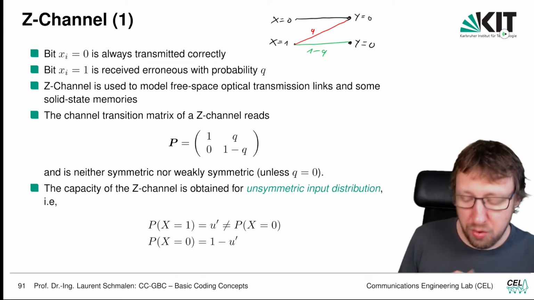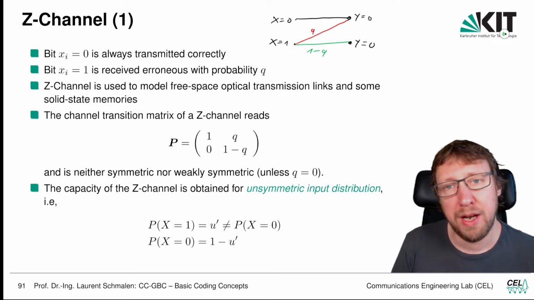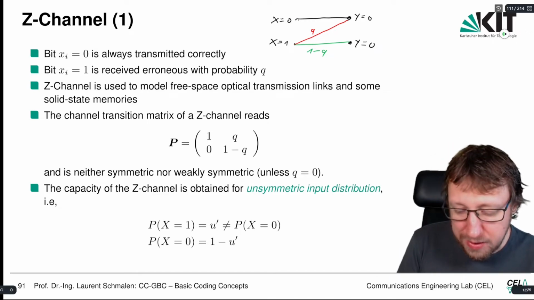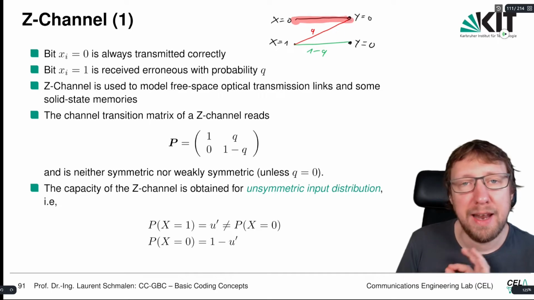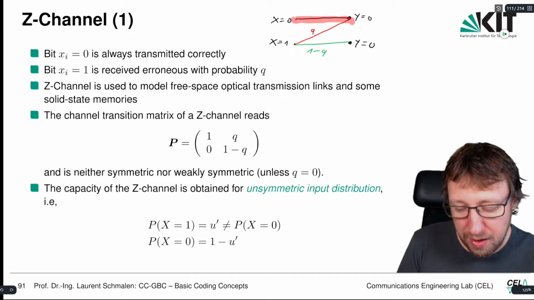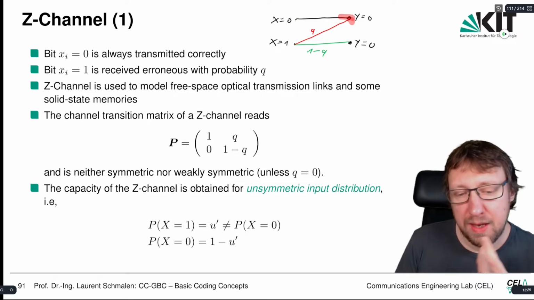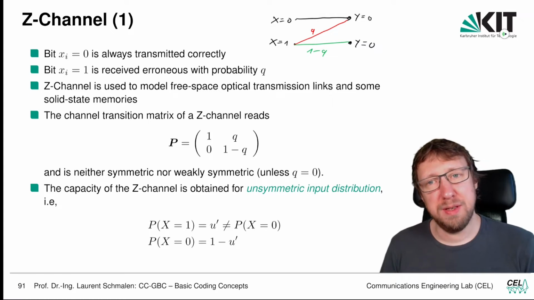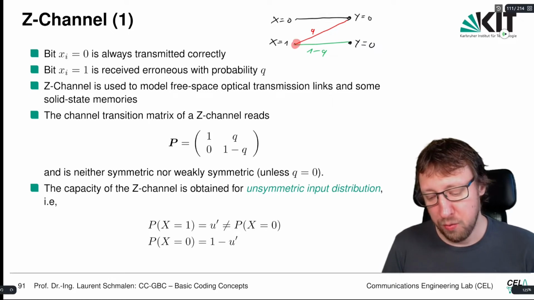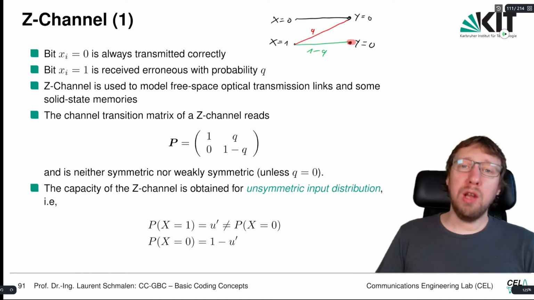And you could already think of, if you want to maximize the data rate over this channel, it can make more sense to transmit zeros, because zeros are never distorted. So it's advantageous to transmit zeros, because if you transmit a 1, there is potentially an error. But you cannot only transmit zeros.